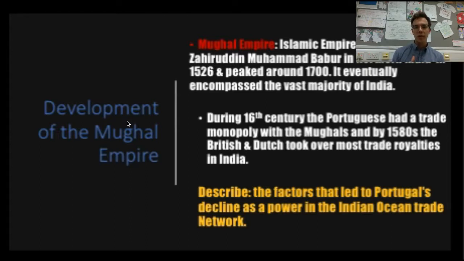So what are the main factors that lead to Portugal's decline? The fact that they were just overextended in the Indian Ocean trade. They did not have the resources to keep up with it, right? You had all of these other countries with more resources and more abilities to control, and they wanted to be a part of this spice trade, right?